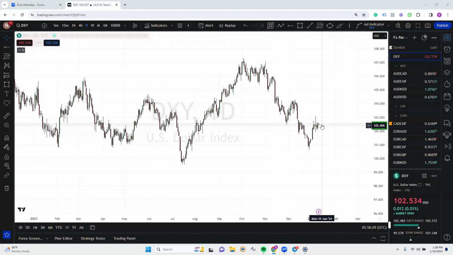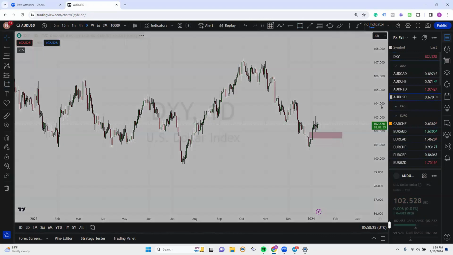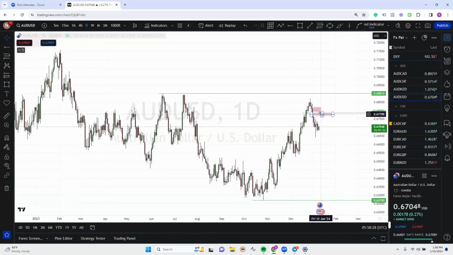So I'm expecting DXY. Of course, DXY can come down again to fill this gap before going higher, so it can come down first. When the DXY comes down, then of course the Aussie dollar will go higher, for us to sell.